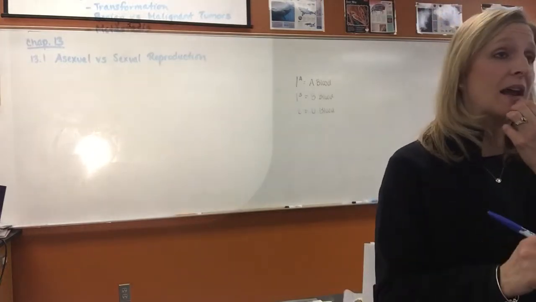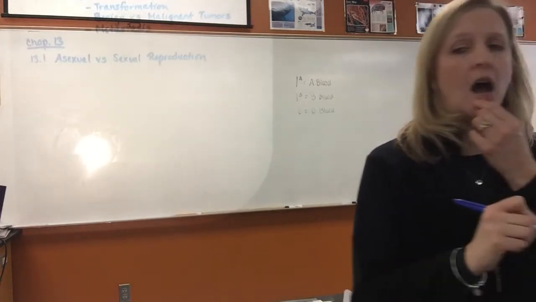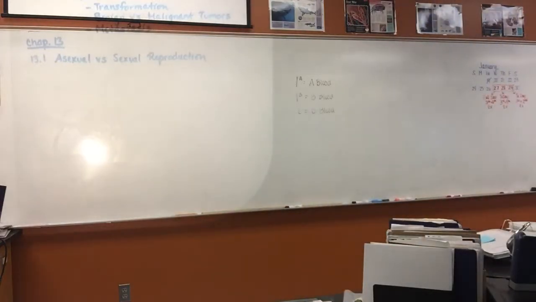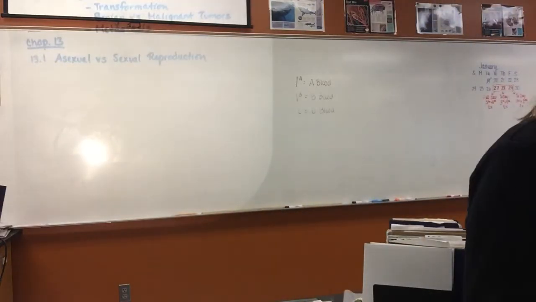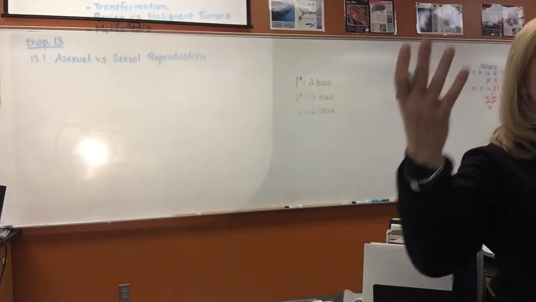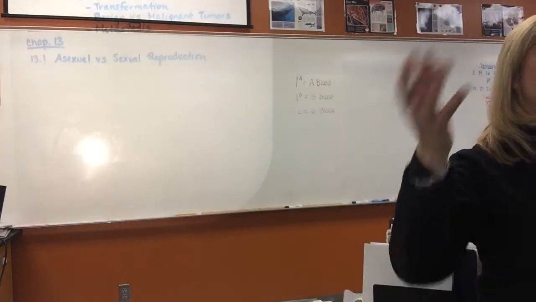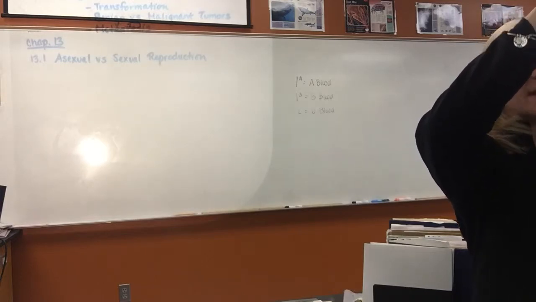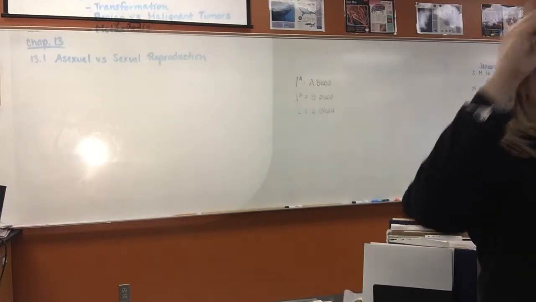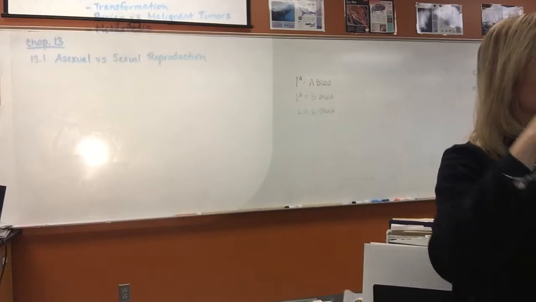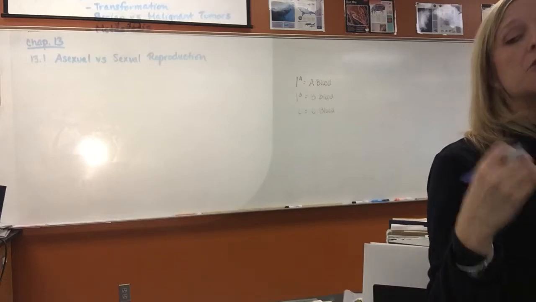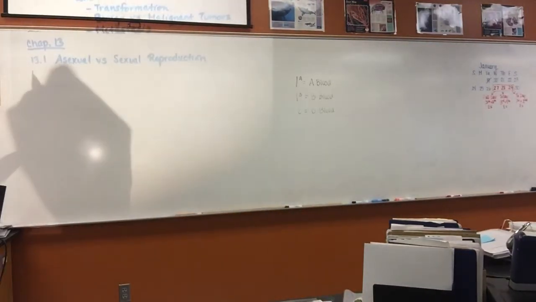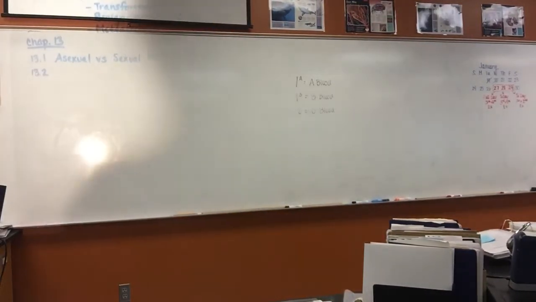So the offspring are not identical to the parents, and you get new combinations of genes. Asexual reproduction, that isn't the case. Bacteria reproducing by binary fission would be an example of asexual reproduction, because the one cell is the whole organism, just makes a copy of its chromosome, divides, and you end up with two bacteria now. You go from 1 to 2, but they're identical, and therefore that would be asexual reproduction. That's basically what the first section was about.